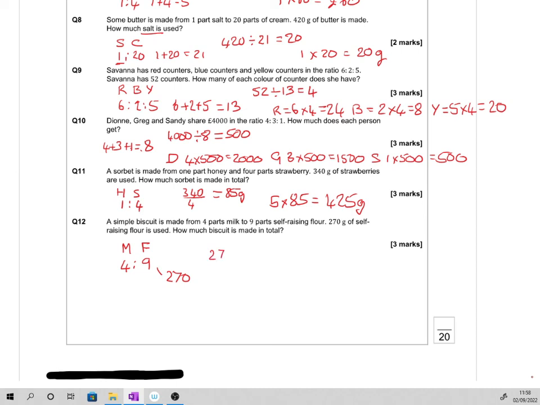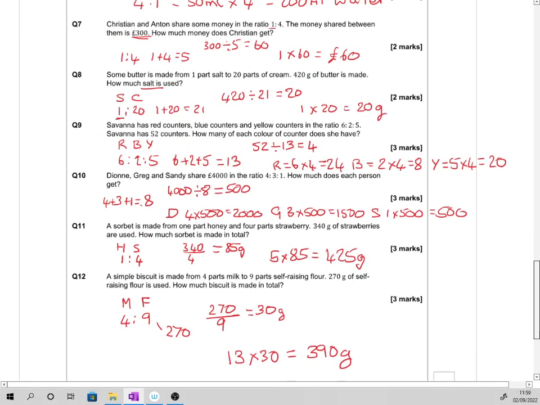So if we do 270 divided by 9, which is 30, so each part of the ratio is worth 30 grams. Now altogether there are 4 plus 9, so it's 13 times 30. It's 390, I think. Hang on, 13 times 30. Yeah, 390 grams.